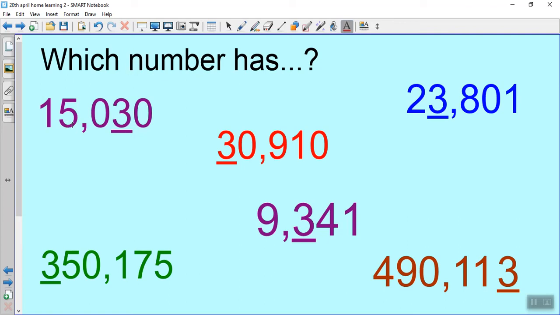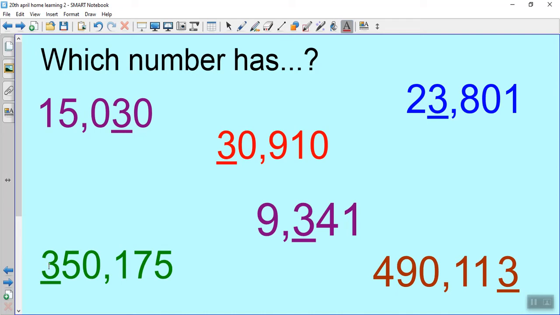So 15,000 and 30. Which number has the 3 underlined in the 100,000s column? It's this one. That's 350,175. This has got the 3 underlined in the 100,000s column.